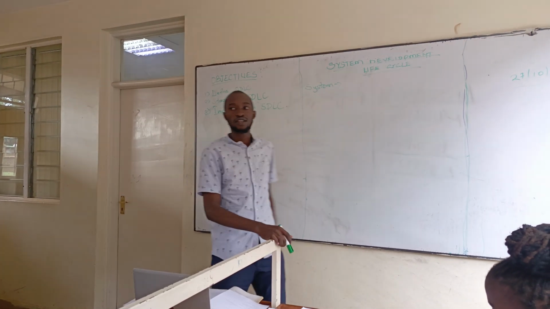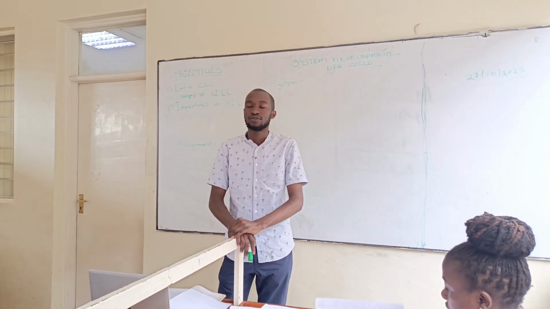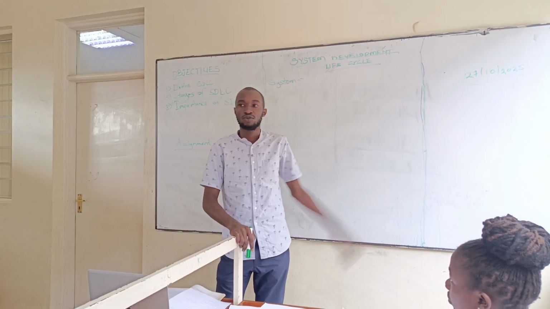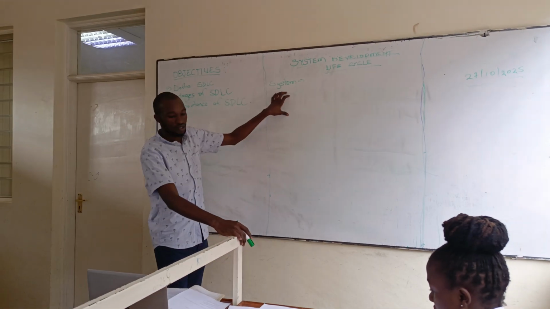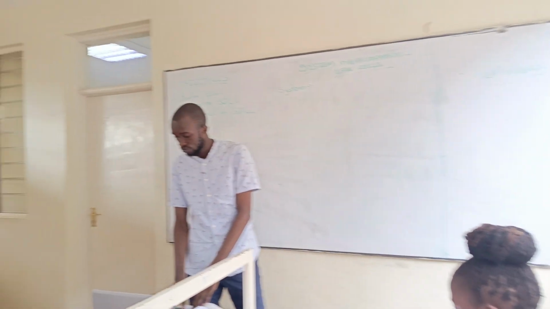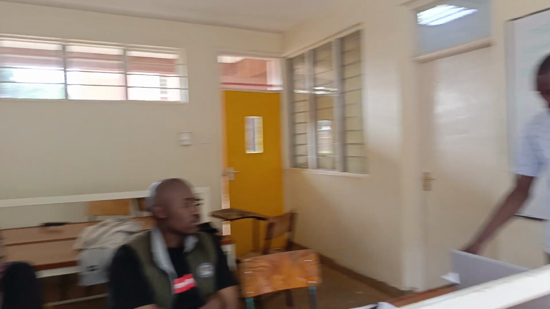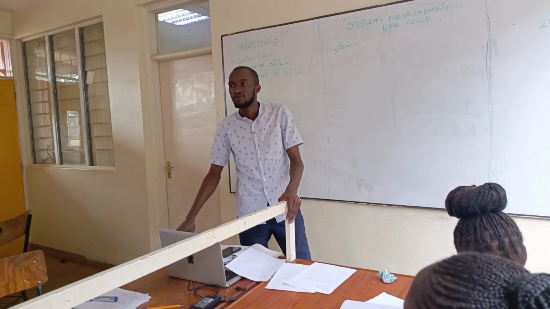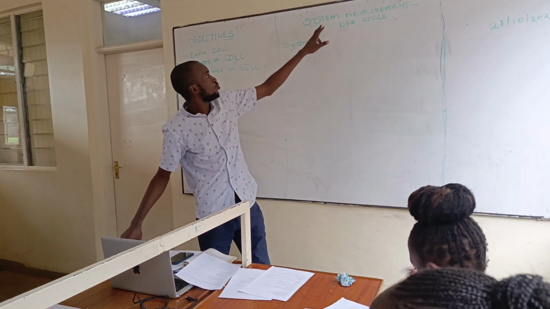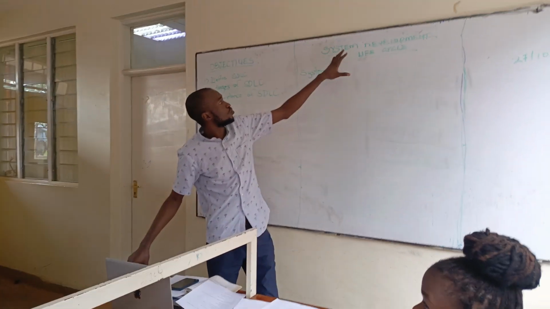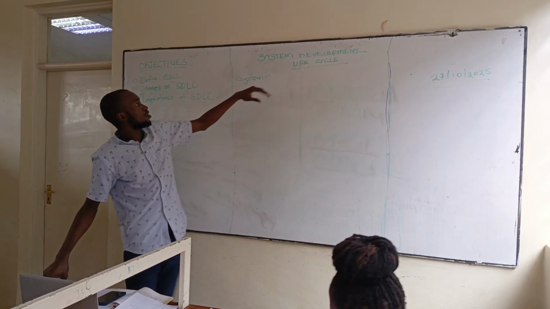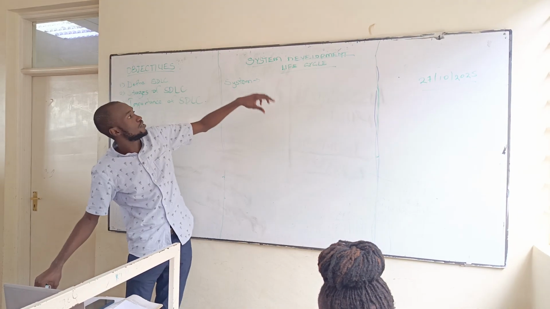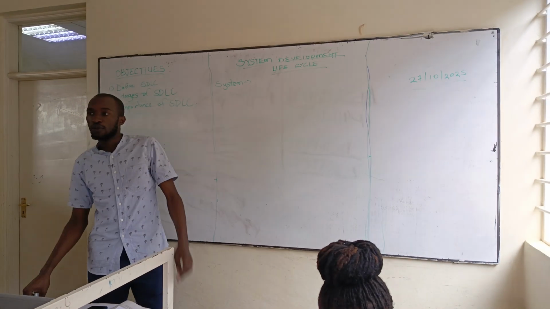Development life cycle. Who has an idea of what an SDL is? From our previous lesson, we learned about a system. Who can tell us what a system is? Kennedy? For us to learn a system development life cycle, we have to understand what a system is and relate it directly to the SDL.